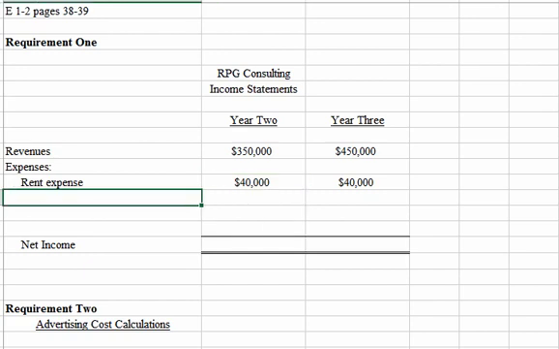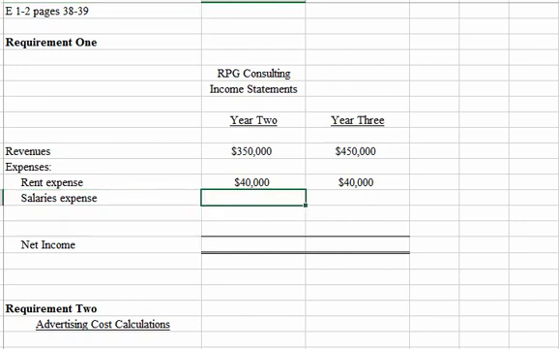Okay, our next item is salaries paid to employees for services rendered during the year. So this is going to be salaries expense. Just like on our last problem, they make this one simple. The amount paid was for services rendered during that year.